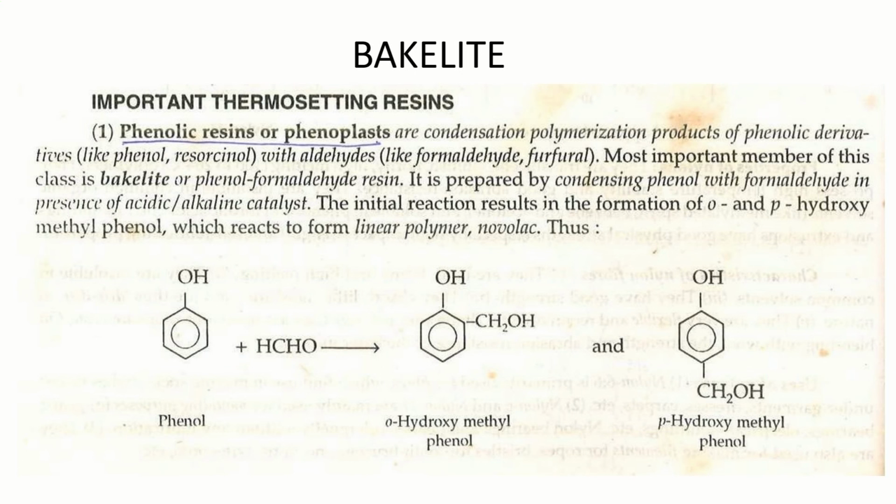The first step is the formation of mono-, di- and trimethylol phenol. Phenol reacts with formaldehyde to form monomethylol phenol. Phenol reacts with two molecules of formaldehyde to form dimethylol phenol, and with three molecules of formaldehyde to form trimethylol phenol. When phenol reacts with only one molecule of formaldehyde, it forms monomethylol phenol, that is ortho-hydroxymethyl phenol and para-hydroxymethyl phenol.